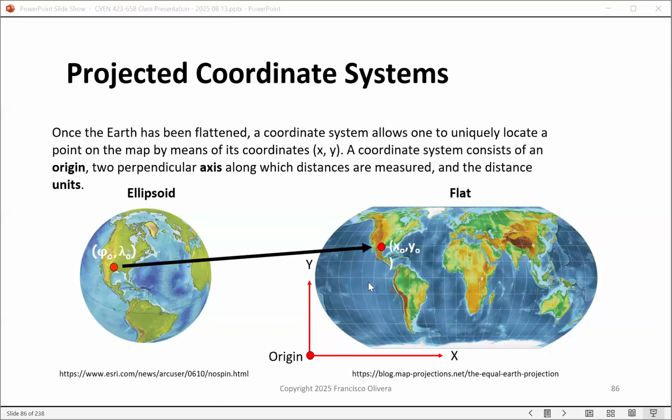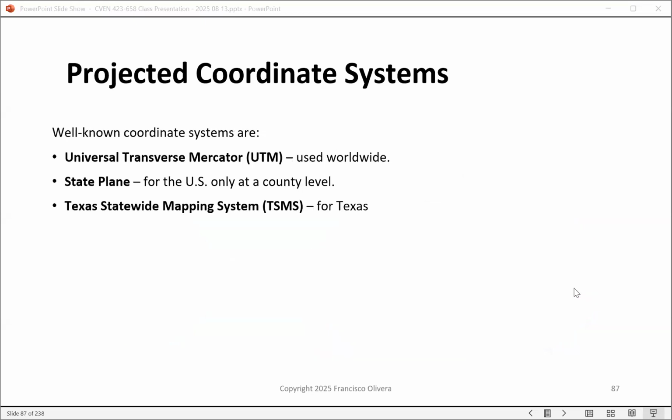That's what we've learned from math. So we want to define our axes so that every point on the surface of the Earth can be located with X and Y coordinates.